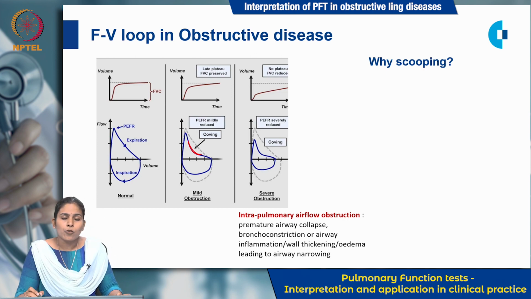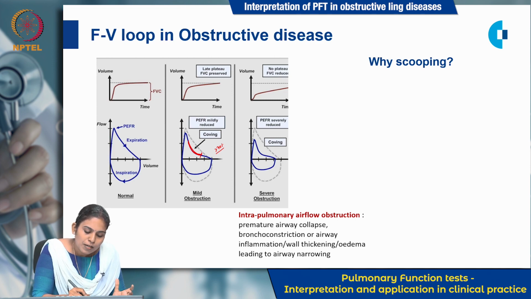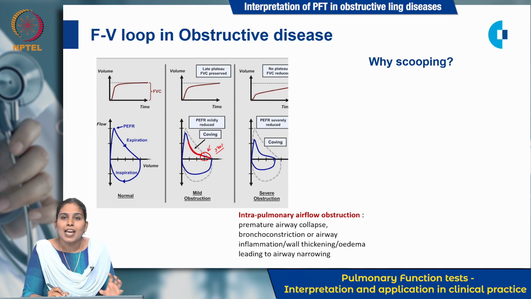For example, if you take 100 smokers and follow them up for the development of obstructive diseases, the first change you can detect in spirometry is a scooping, which occurs in more than 70% of your expiratory limb. Once it crosses 70% of the expiratory limb, this coving happens. Okay, so this is the earliest spirometry obstructive change which can be noticed.